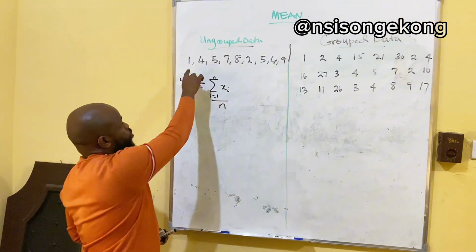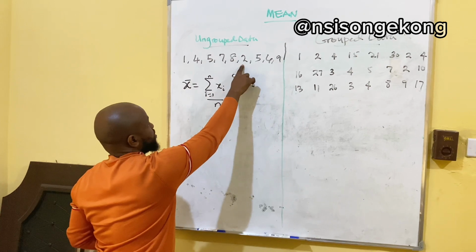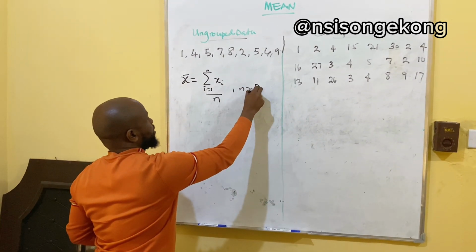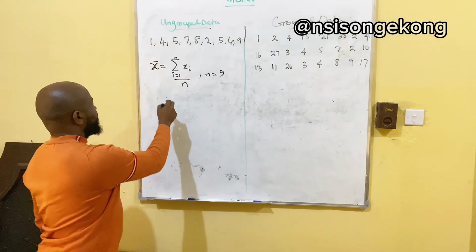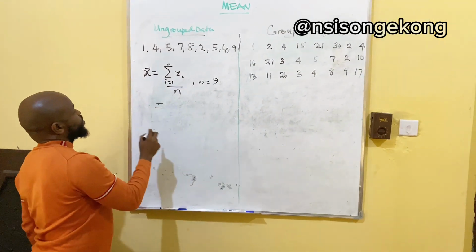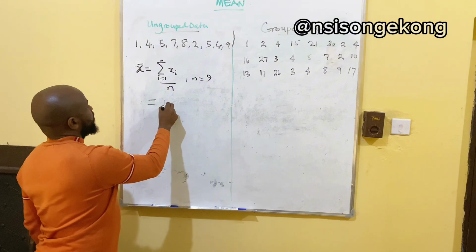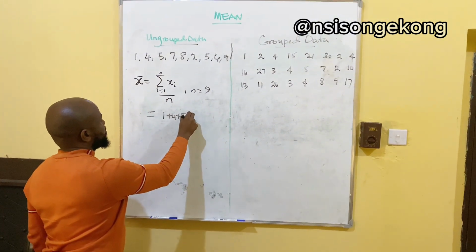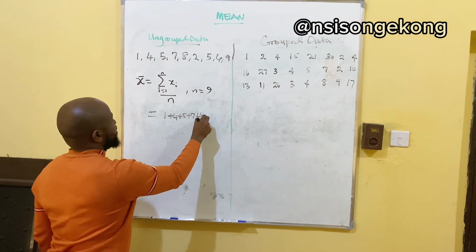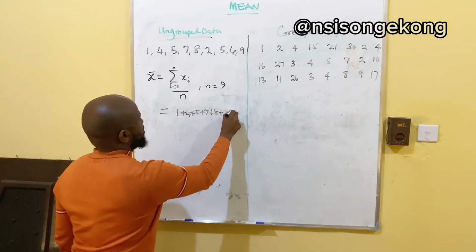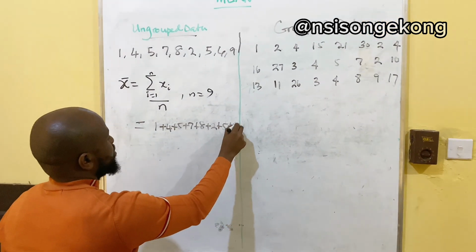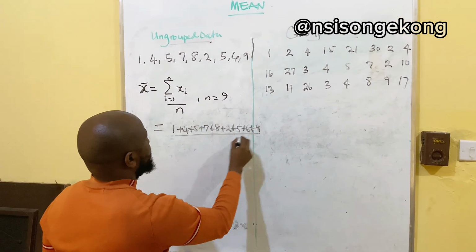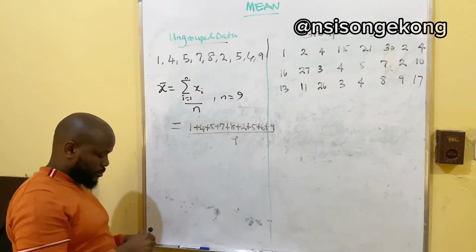In this case, we have 1, 2, 3, 4, 5, 6, 7, 8, 9, so n in this case is 9. So this is equal to 1 plus 4 plus 5 plus 7 plus 8 plus 2 plus 5 plus 6 plus 9, all over 9.